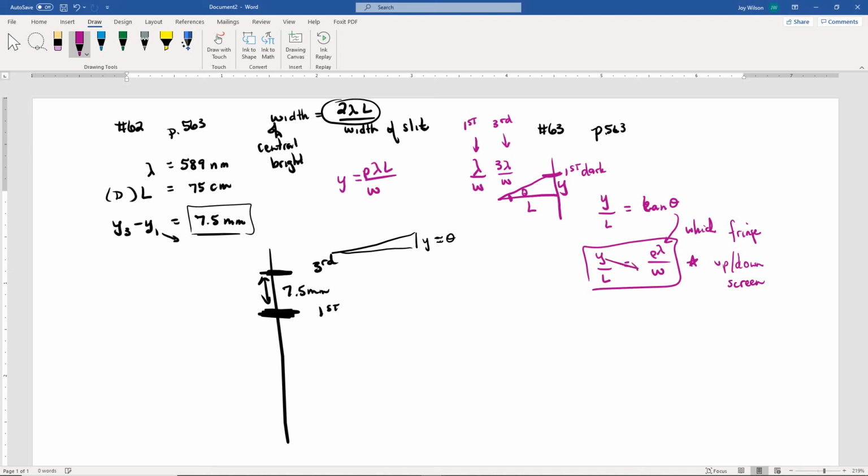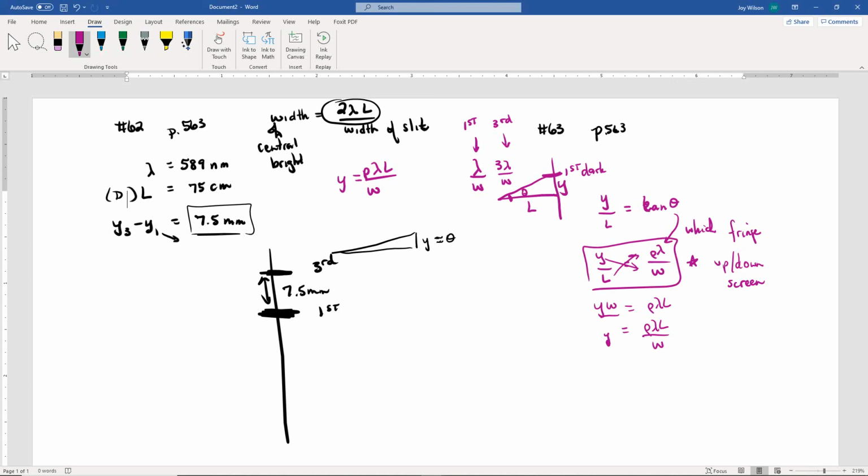Okay, so then we cross multiply, and we get this. So the y values are p lambda L over W. And like I said, I know that's a lot of geometry. We will practice with these formulas some more, so you'll get really good at them.